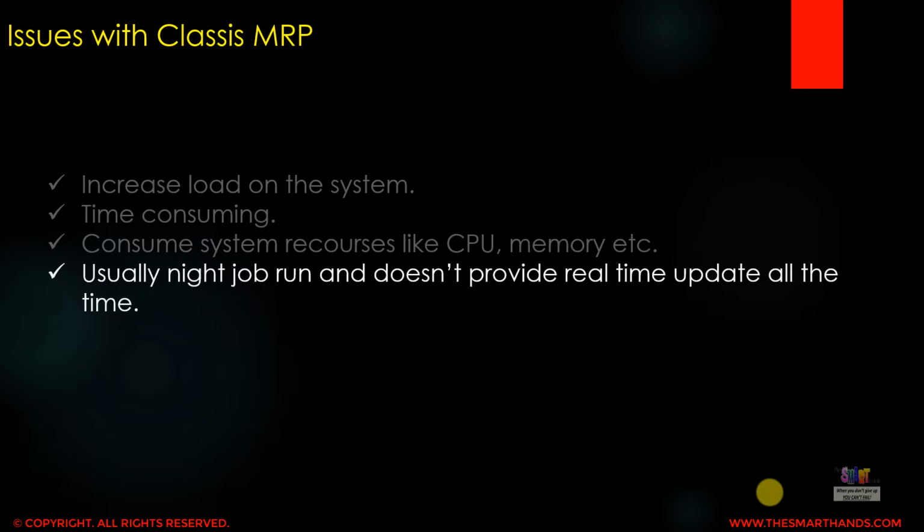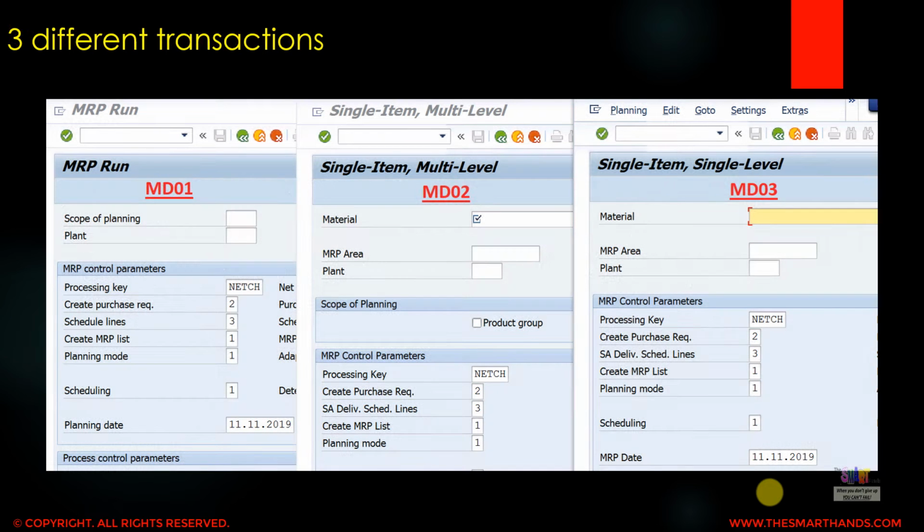Usually we run it at night time, and it doesn't provide a real-time update all the time. So in the daytime, if there are new orders or new changes in the requirements, we do not see the updated result all the time. These are the issues we had with the classic MRP.